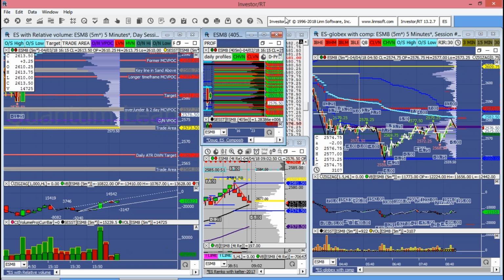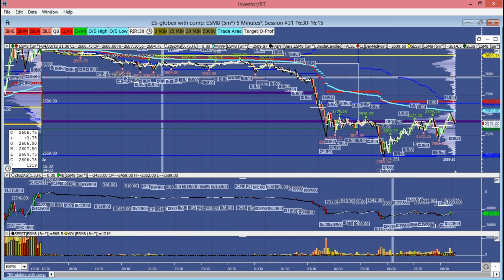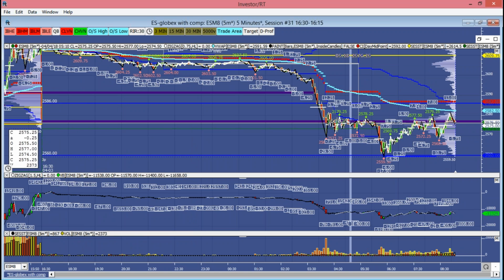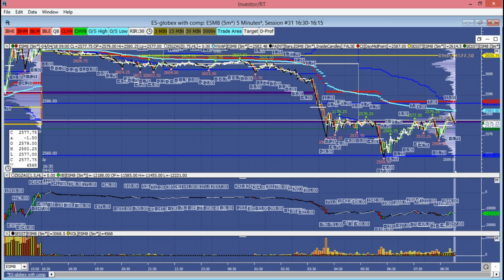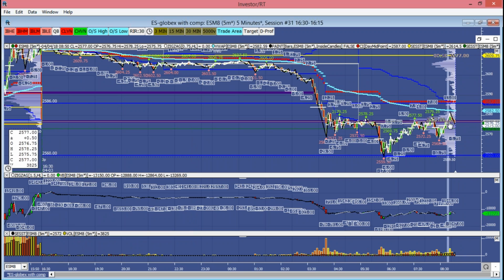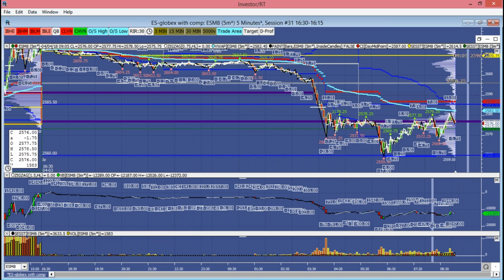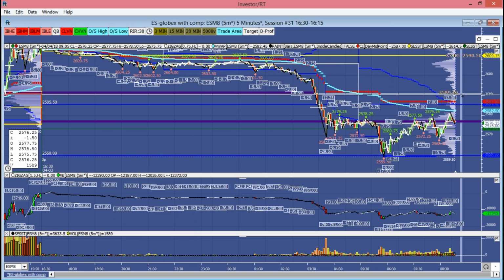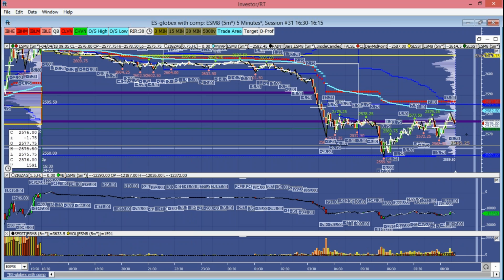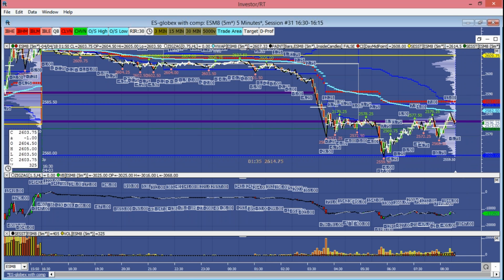So taking a look at the overnight inventory, it is 100% net short. I'm looking for some balancing and some covering, so I'm looking for a rotation up, but with this move down, I'm looking for a continuation lower.